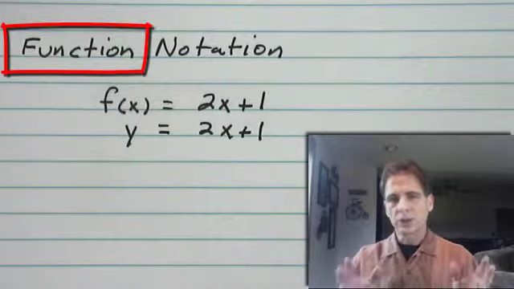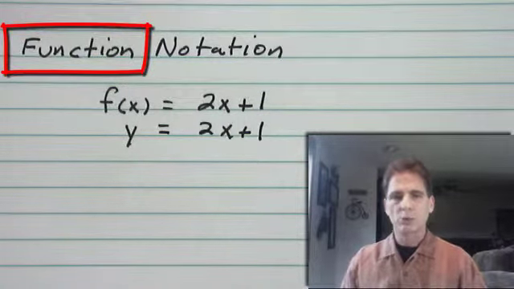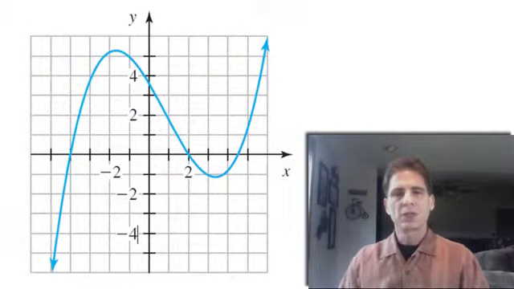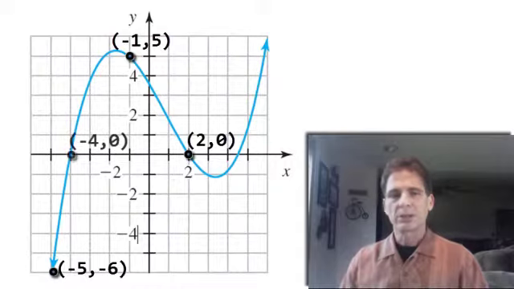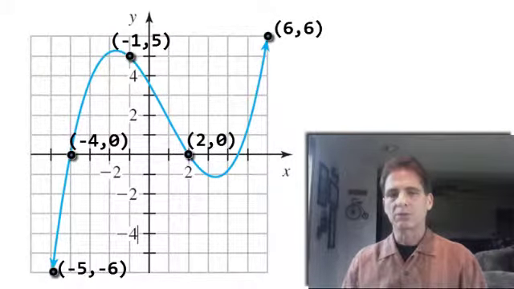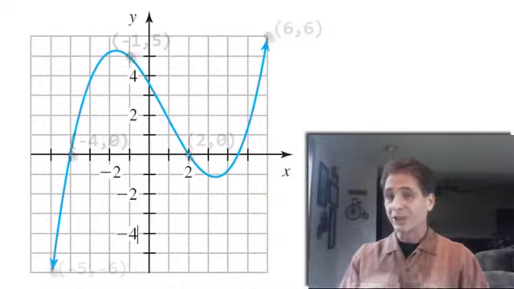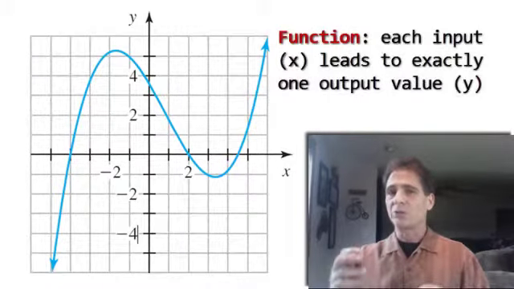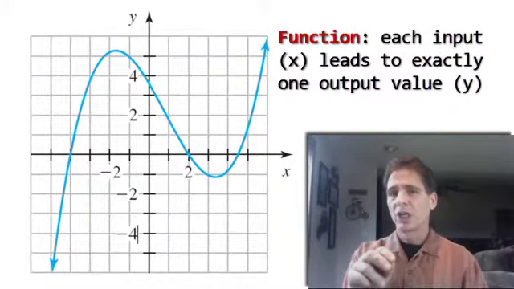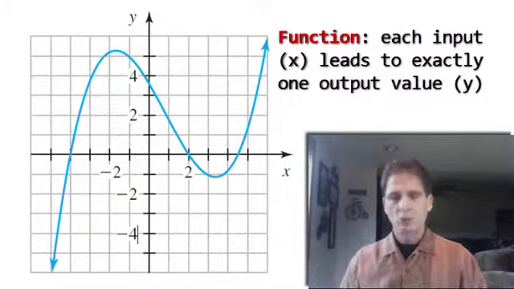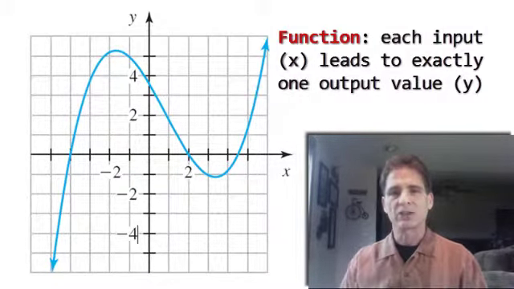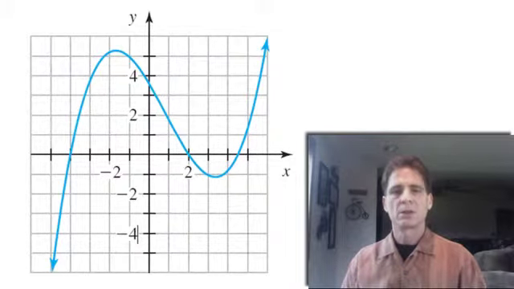The second word is function, so let's talk about what we already know about functions. Graphically, functions are a set of ordered pairs, and when you plot them on a grid, they give you a curve. We also found that because the definition of a function is that for each input you get just one output, the vertical line test holds true.